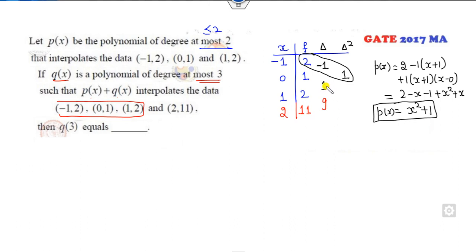This is my 1, sorry, 9 minus 1, 8, and this is my 4. Fine. Then I have to make this third difference also. 4 minus 1, 3, and this is 3. It's my 1. Clear?